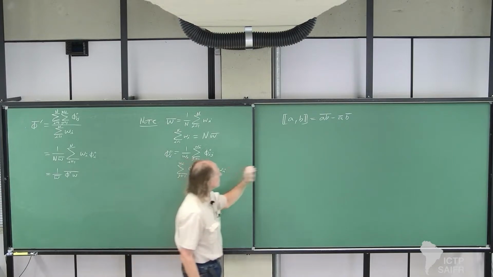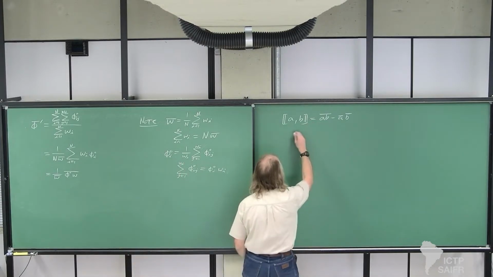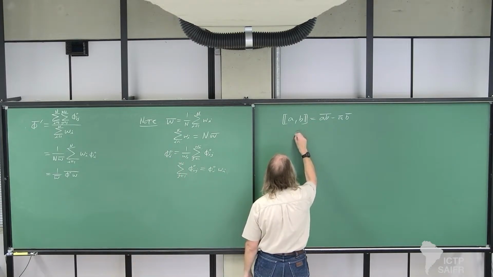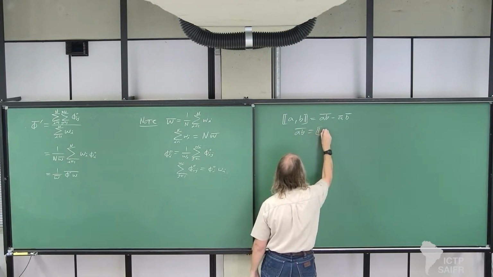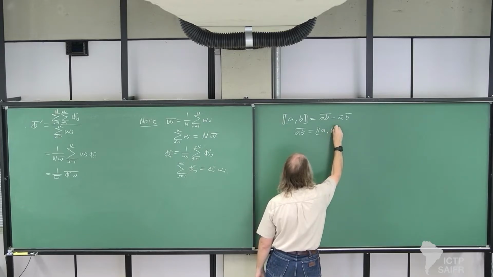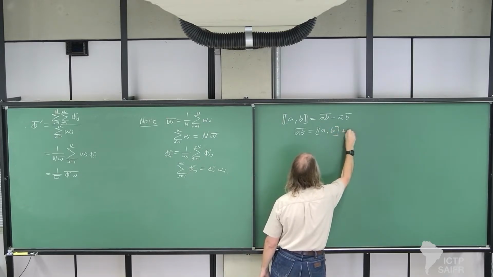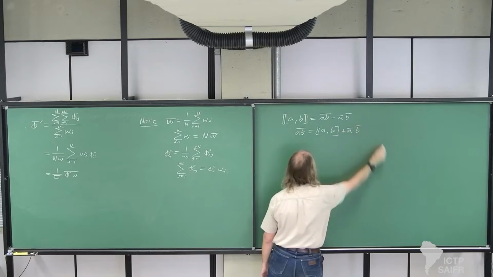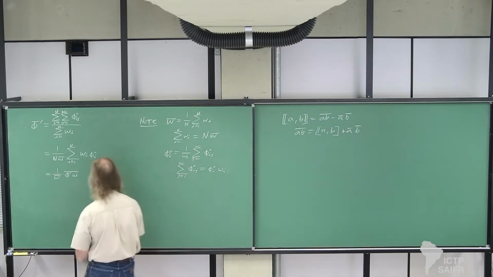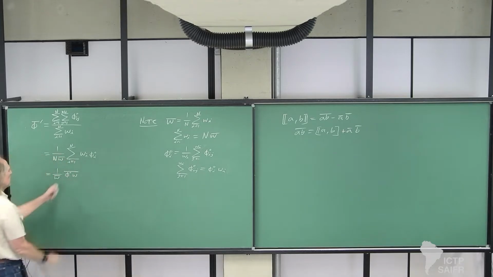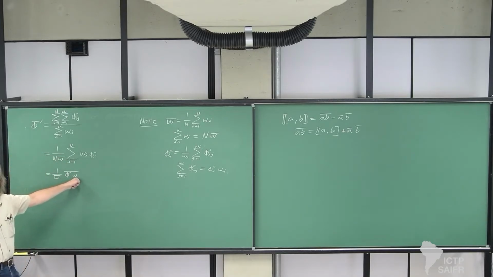So we have this relationship, and this of course means that the mean of AB is equal to the covariance of A with B plus A bar, B bar. And that's what we're going to be using here, because I have offspring phenotype times fitness bar, right?